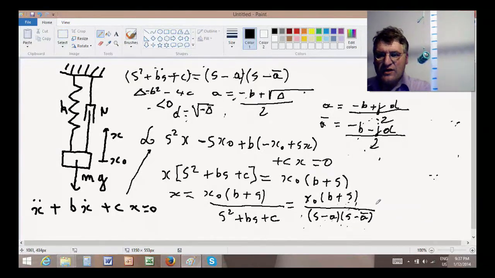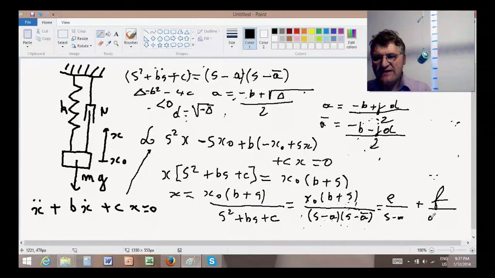Now, we can rewrite this in terms of a term e divided by s minus a plus f divided by s minus a bar.